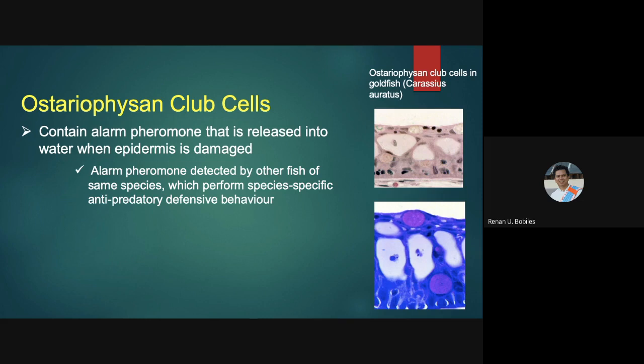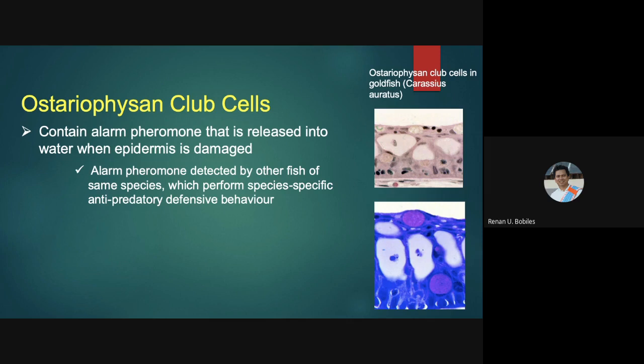So therefore, the sense of eyesight is not functional. Most are insensitive. So they rely on the receptors on their skin. And one of these is the receptor that receives the pheromone signal from Ostariophysan club cells.